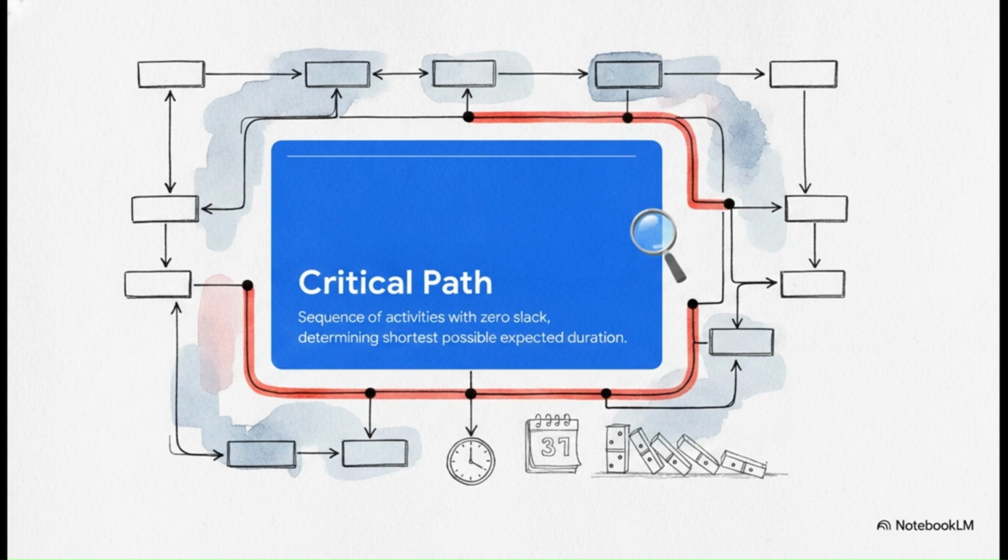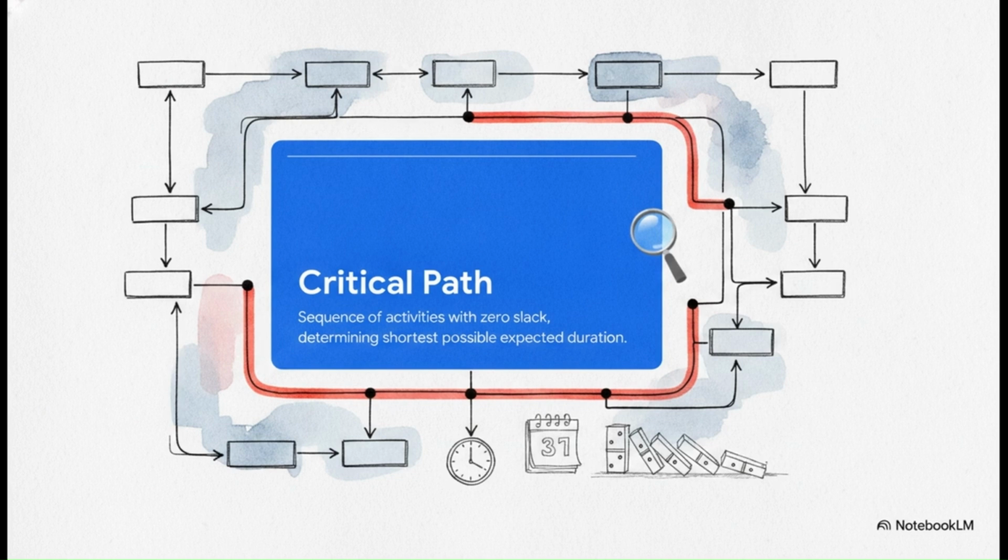This is the longest sequence of activities through your network diagram based on expected duration. Now, because these specific activities have absolutely zero slack, any delay here delays your entire project. If a critical path task slips by even one single day, your final delivery slips by 1 day, no exceptions.